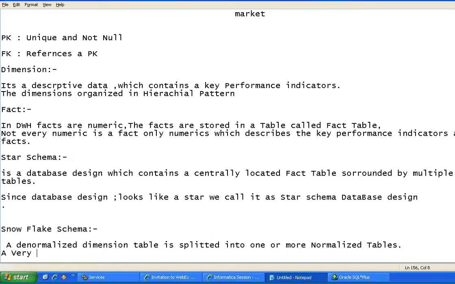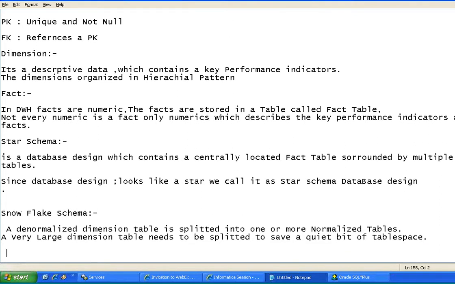A very large dimension table needs to be split to save quite a bit of table space. In snowflake schema, dimension tables have parents.